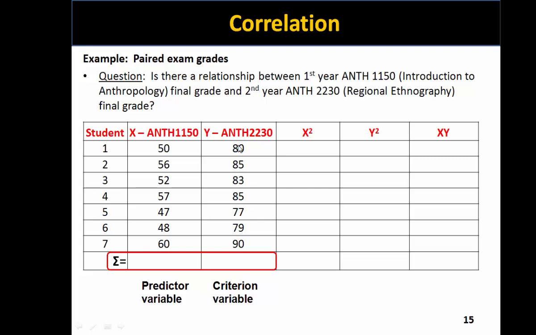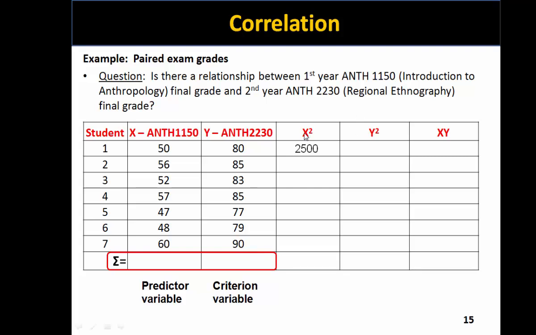And we do the same thing for the criterion variable raw scores, where we add up all the scores, so 80 plus 85 plus 83 plus 85, so on and so forth, and we simply write down the final answer of all those additions.